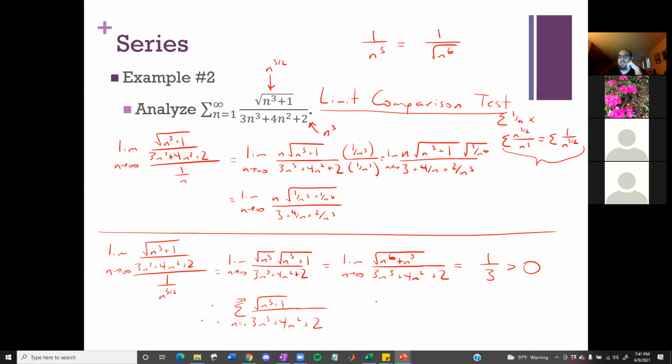So the series that we compared this to, what does that series do? So this converges by p series. So the series that we started with, that one converges as well.